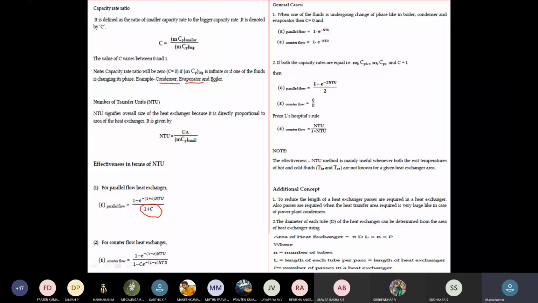Just remember the equation. We don't need to derive it, just have the equation. If there are any problems with this equation, you can solve them.